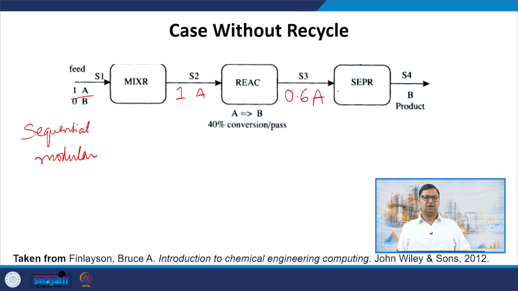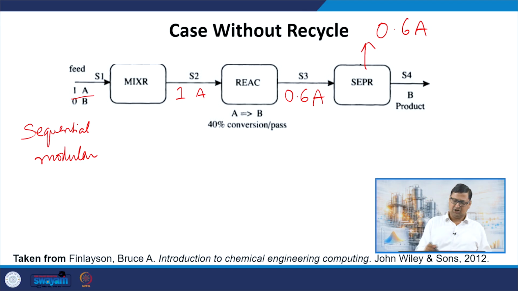In this case, since we are not recycling, whatever A I have probably goes out from the other part of the separator. So in this case, no guess was needed. In the previous case, a guess was needed because there was a recycle stream coming here. If there is no recycle, there is no need for the guess.